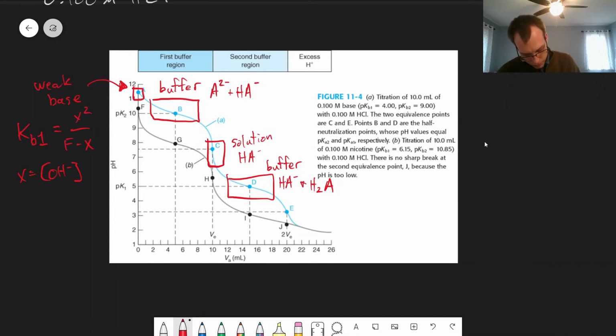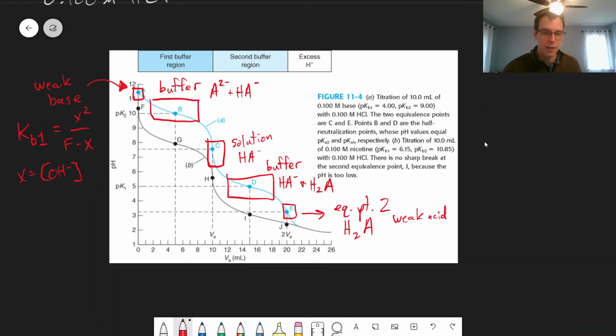And then we will reach the second equivalence point, where everything has now turned into H2A. We can treat the pH of this as a solution of a weak acid. It's a diprotic weak acid, but we just need to worry about that first deprotonation to find the pH, just like we talked about in the previous chapter.